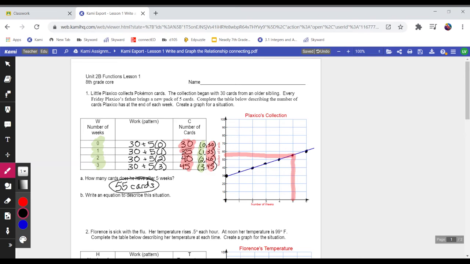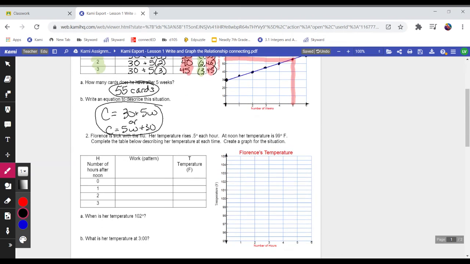We know that the total number of cards, C, is going to be 30 plus 5 times whatever number of weeks you're on, so 5W. So C equals 30 plus 5W, or C equals 5W plus 30. Both of these are appropriate answers. Using the commutative property of addition, you can add in whichever order, so both of these would work.